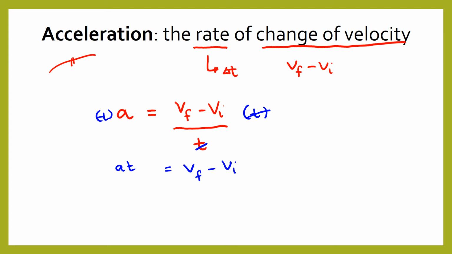Or, moving on, we could also express this further as At plus Vi is equal to Vf. Rewriting this equation, we have Vf, or the final velocity, is equal to the initial velocity plus acceleration multiplied by time, and that leads us to the first equation of motion.